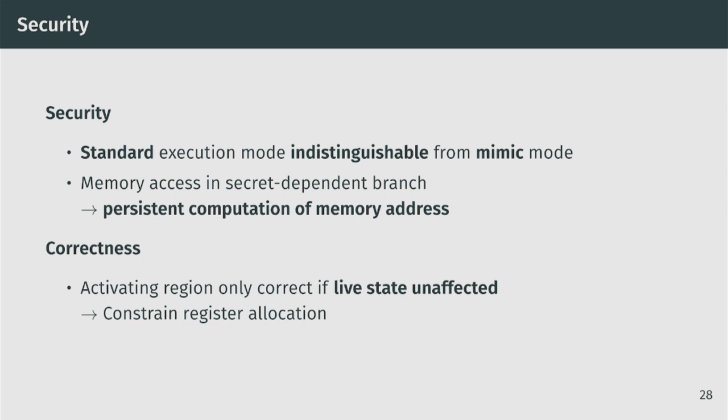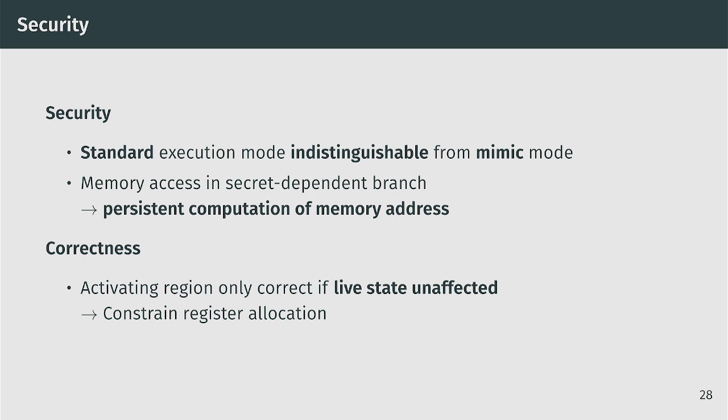For example, we need to make sure that loads access the same memory locations, even if the results are discarded. And we can do this by using persistent instructions to compute the address that's being loaded from. These instructions are executed in both standard execution mode and mimic mode.